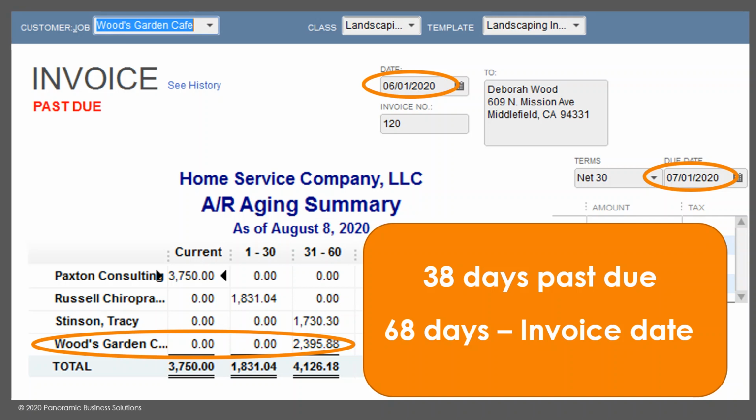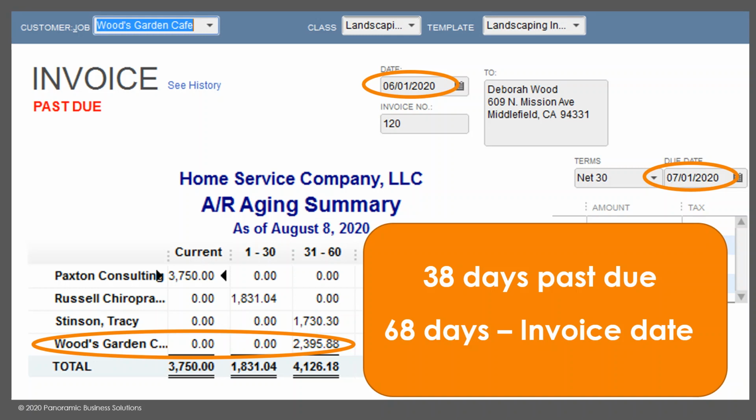This report is very misleading if you do not fully understand the story that it's telling you. It's very easy to quickly look at this report and think, oh, well, Woods Garden, it's only been 31 to 60 days. It's not a huge deal. I can just take care of it. But keep in mind, it's actually been 68 days since you knocked their socks off with great service on June 1st.